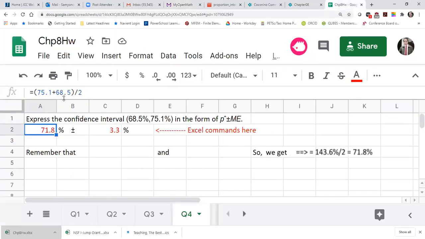To get the p hat, you add it and then divide by 2, right? Remember, you have to add this and divide by 2. And for the margin of error, well, you can do also like this. Go back to the whiteboard.